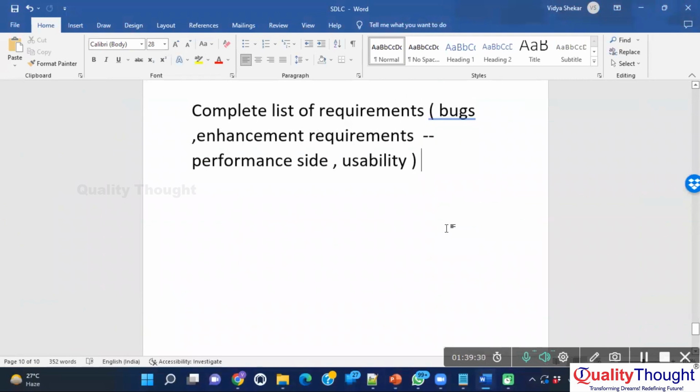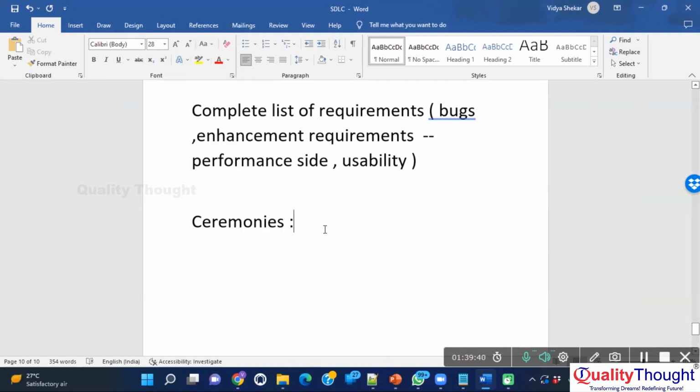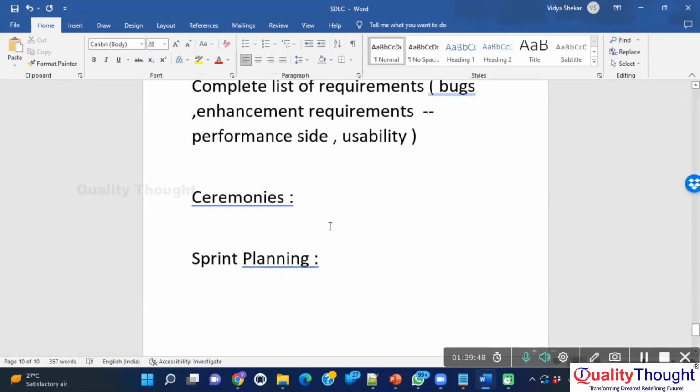So what is the purpose of a sprint planning meeting? These are called ceremonies. The first one is sprint planning. What are we going to discuss in sprint planning? Generally, it happens at the beginning of the sprint, on the first day of the sprint, for generally 1 to 2 hours.